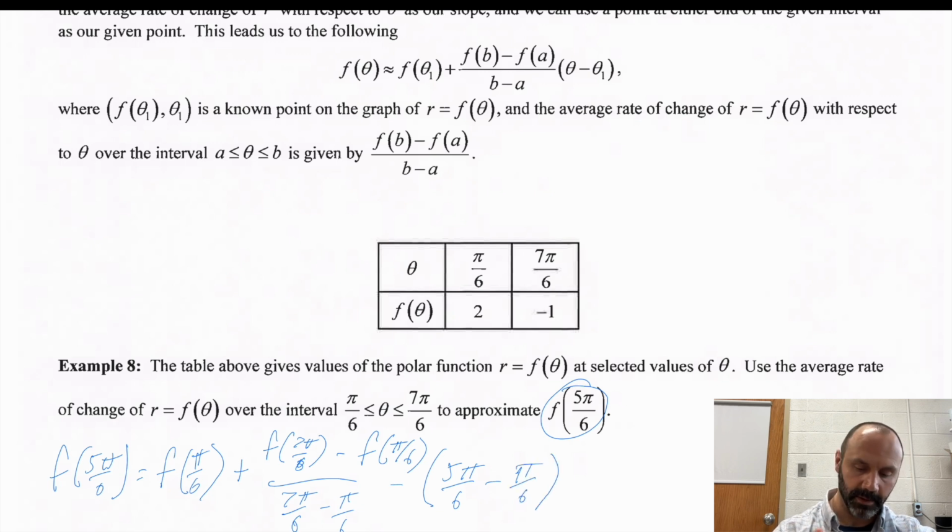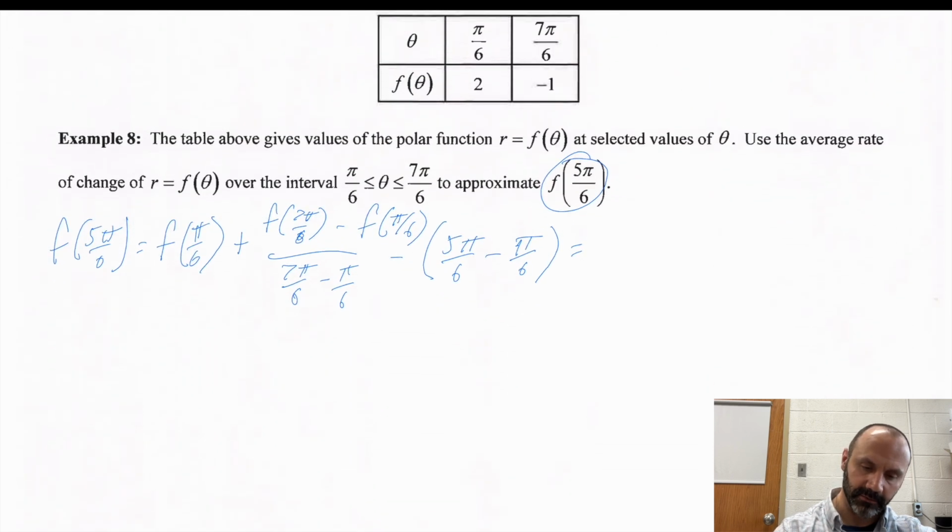Now we're going to plug in and simplify. So f of pi over 6 is 2. So it's going to be 2 plus, and then at the top here, it's -1 minus 2, right? f of 7 pi over 6 is -1 minus, and then f of pi over 6 is 2, divided by 7 pi over 6 minus pi over 6 is just pi, times, again, 5 pi over 6 minus pi over 6 is 4 pi over 6, or 2 pi divided by 3.